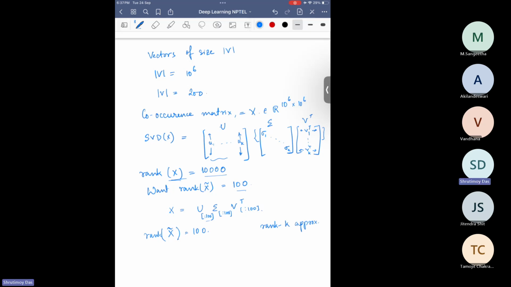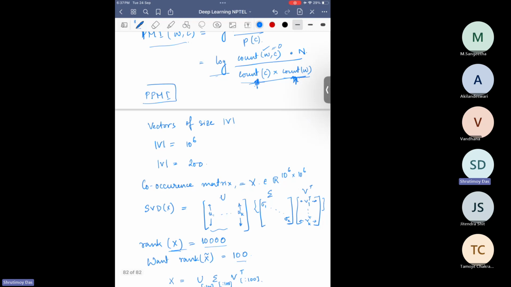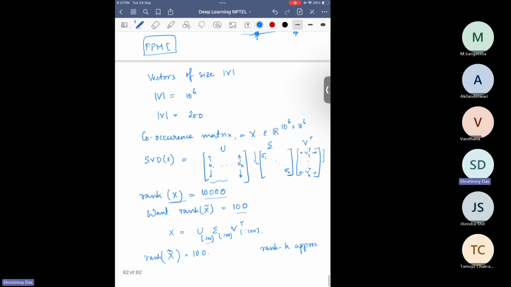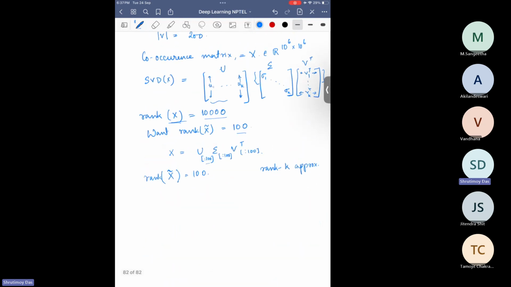So how is this helpful in our case? Let us see. Earlier we looked at this positive PMI, where you have non-zero PMI entries in your co-occurrence matrix.